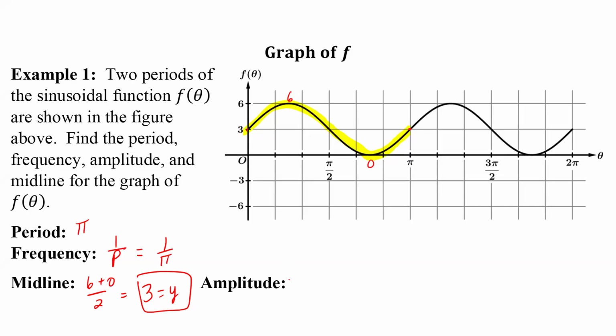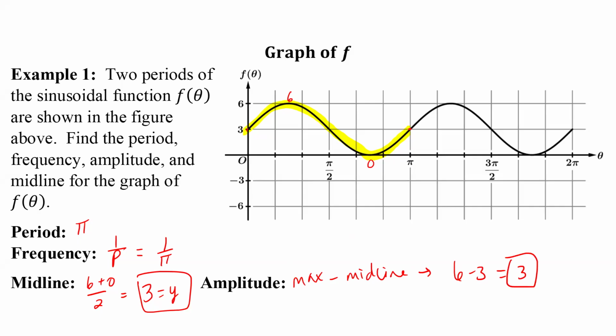Your amplitude is your max minus your midline. So this would just simply be 6 minus 3, which is 3. How do we feel about analyzing so far? Still with me?